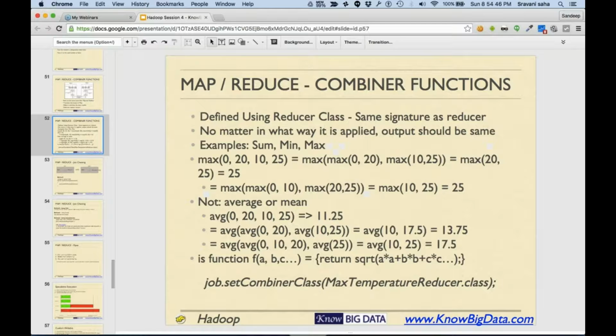This is because the combiner function is not applied on all values in a single go. It is applied as and when the sorting is happening, where two values are being compared and sorted. If you have gone through sorting algorithms, whenever the sorting process is happening, your combiner function is being called.